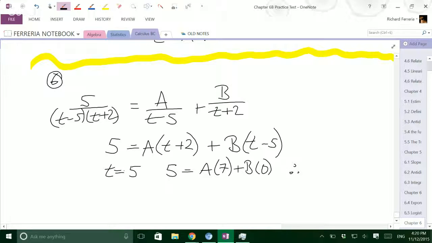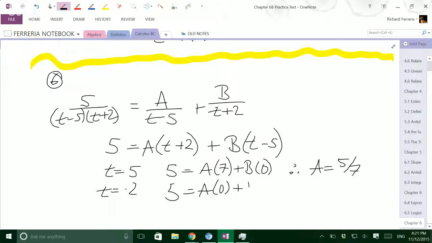Therefore, A equals 5/7. Second convenient number is -2. So 5 equals A times 0 plus B times -7. Therefore, B is -5/7.